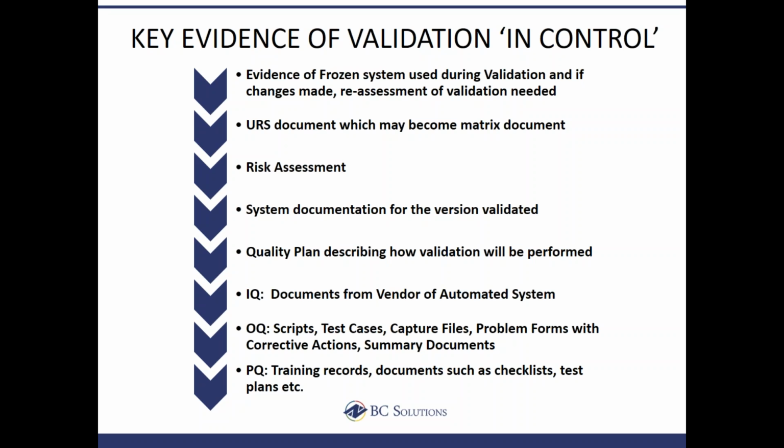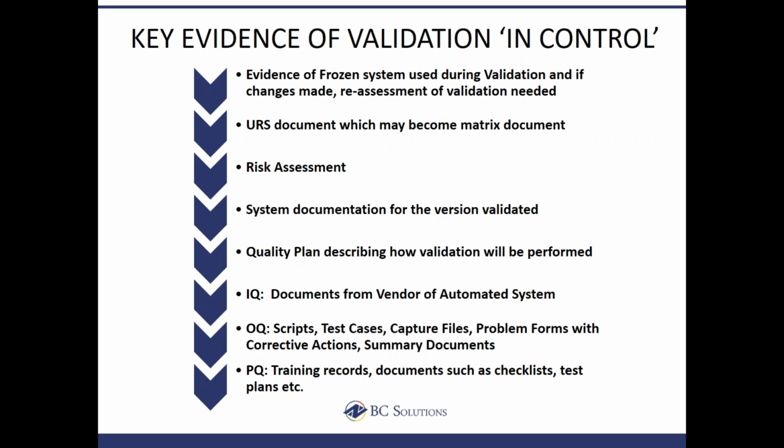You need a URS document, something that shows the requirements, and ideally that should become a matrix so you can show the cross-reference between the requirement and the scripts that were run to validate that requirement. You need a risk assessment so that you can prove that the things that you did in your OQ validation were the riskiest things that you have in your system.